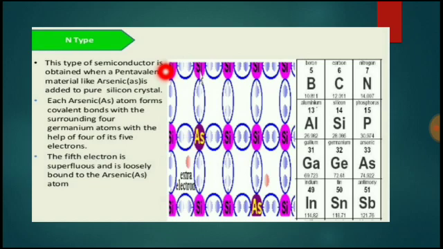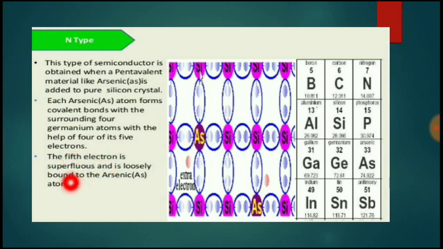This type of semiconductor is obtained when a pentavalent material like arsenic is added to the pure silicon crystal. See, arsenic is added to the silicon, right? Each arsenic atom forms covalent bonds with the surrounding 4 silicon atoms with the help of 4 of its 5 electrons.